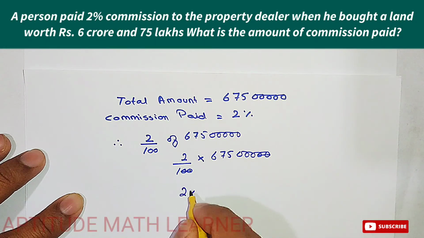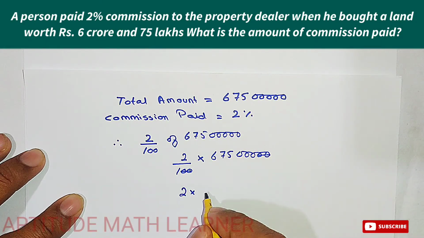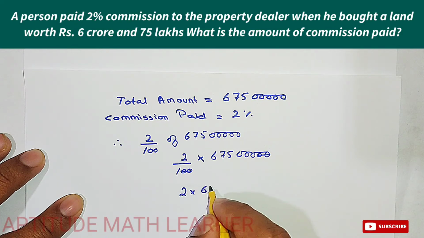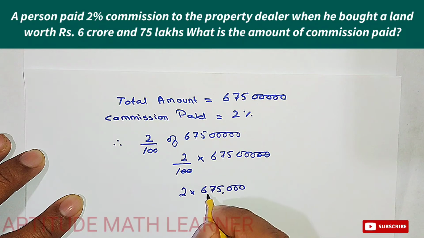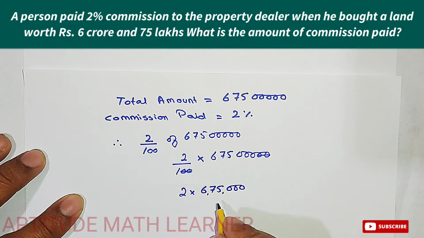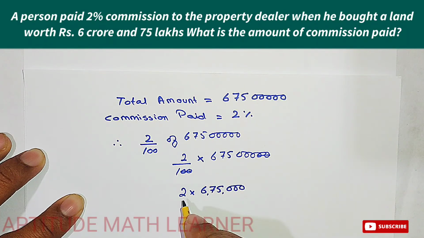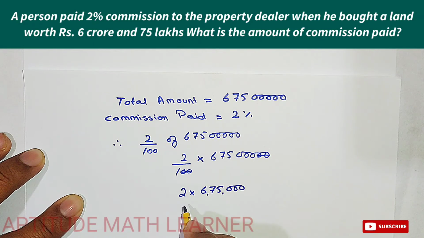So 2 multiplied by 6 lakhs and 75,000. So here we have now got 6 lakhs 75,000. And now if we multiply it by 2, then how much do we get?